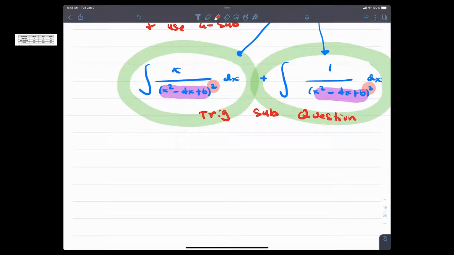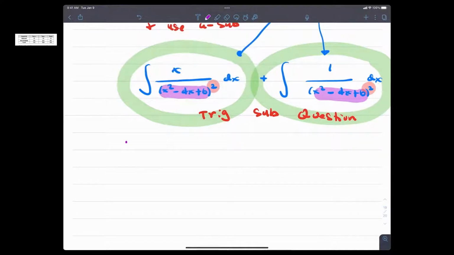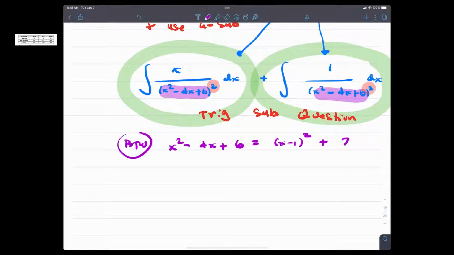So you can split that up into 3 integrals. I can even let you guys know that by completing the square, x squared minus 4x plus 6 will become something like this, I think. x minus 2 squared, parentheses, plus 2.